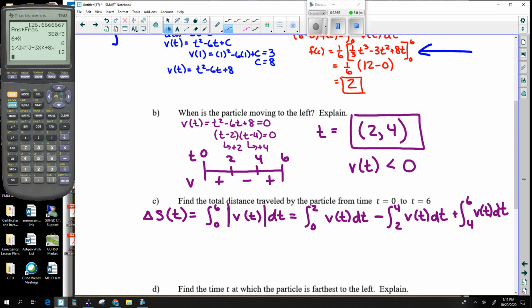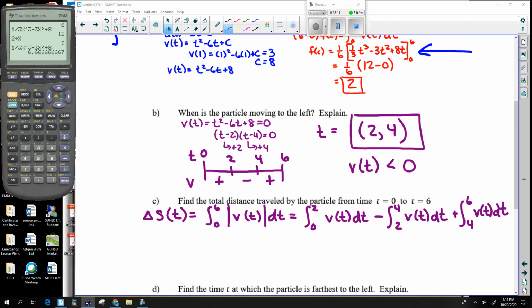So let's go with 2. Plug it in, so that's one-third x to the 3rd minus 3x squared plus 8x.